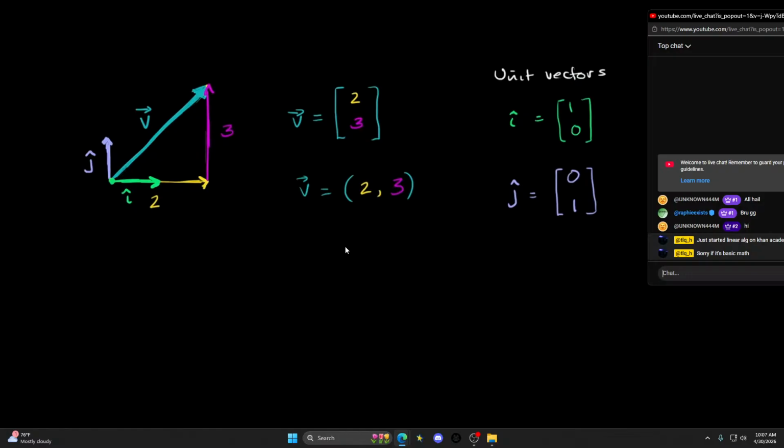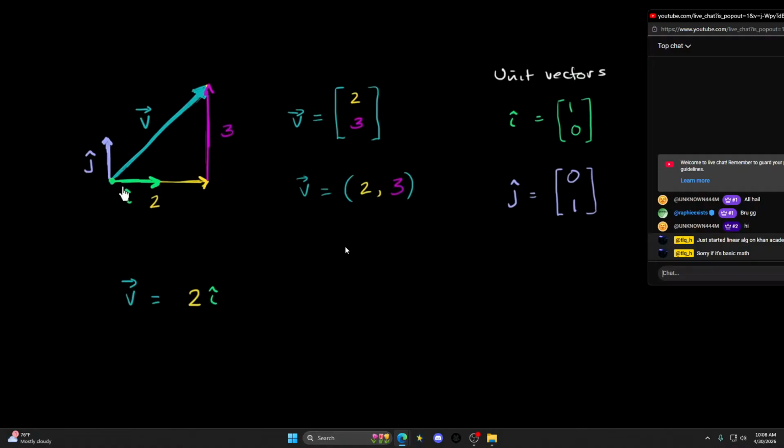So we could say that vector v is equal to, so if we want a vector that has length 2 and it moves purely in the horizontal direction, well, we could just scale up the unit vector i. We could just multiply 2 times i. So let's do that. It is equal to 2 times our unit vector i.